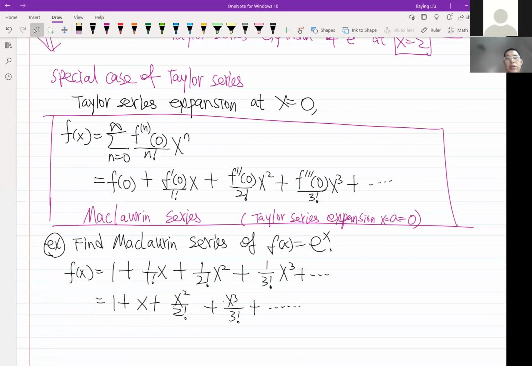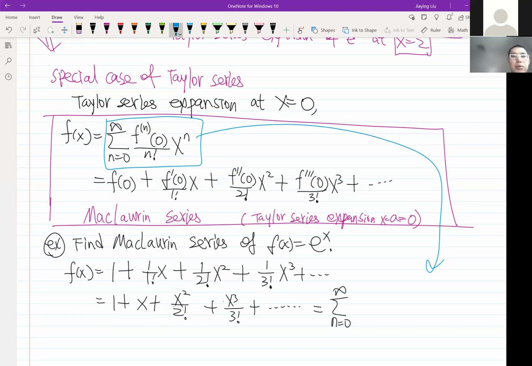And of course, we can try to use sigma notation if possible. So in this case, it is possible to use sigma notation. So that will be sigma n from 0 to infinity. And if we go back to this form, the one in blue, we can try to figure out what f to the nth derivative is, because this function is special, e to the x. The nth derivative is always going to be e to the x no matter what.